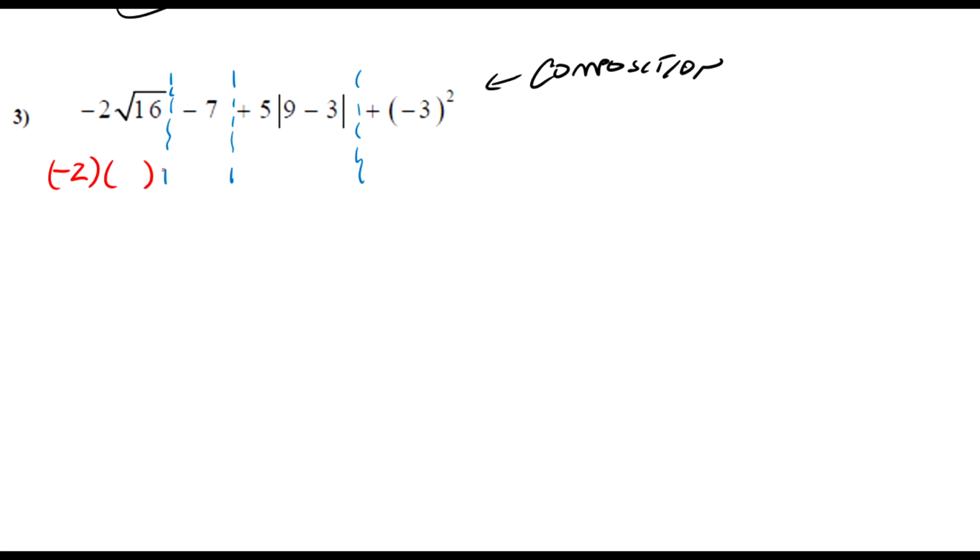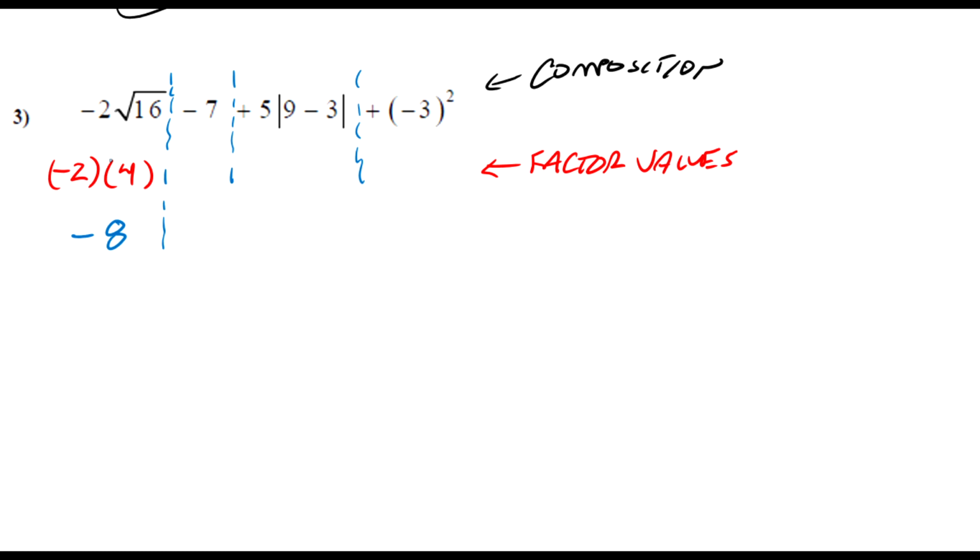So I want factor values, right, in each term, because the factor values are what I'm going to use to find the value of that term. So as I go through, the square root of 16 is 4. So I know that this term value is going to be -8.